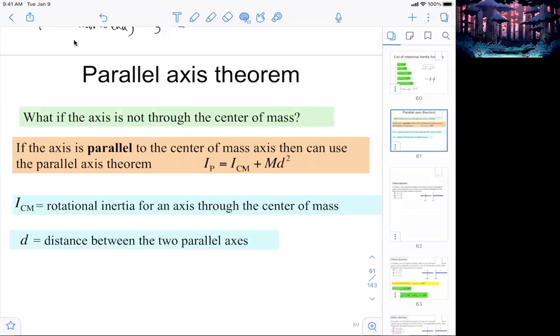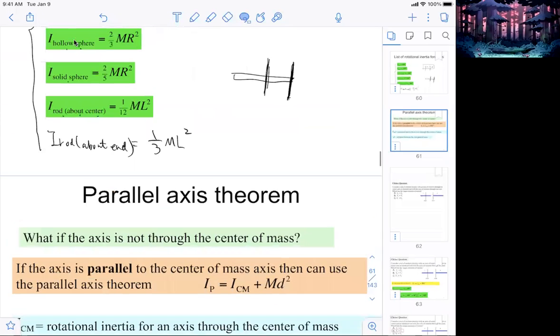Good afternoon. Today we will continue our discussion about calculating rotational inertia I. We have listed all different kinds of rotational inertia for different shapes, but you can notice that all of those are relative to the center of mass of those objects.